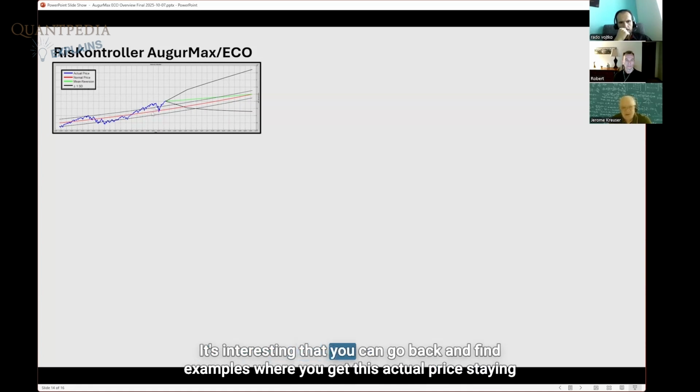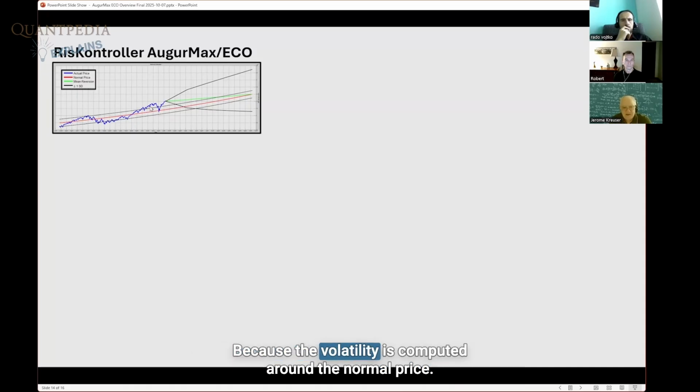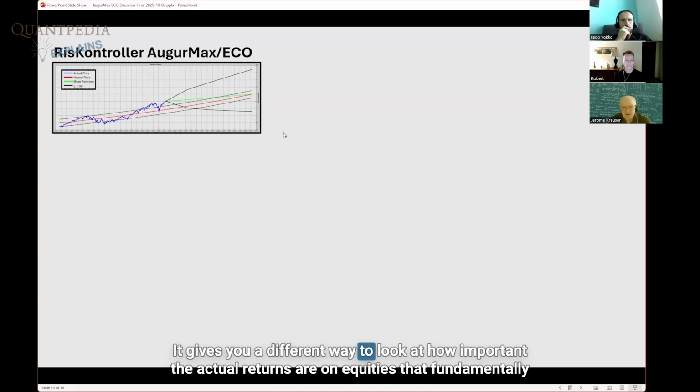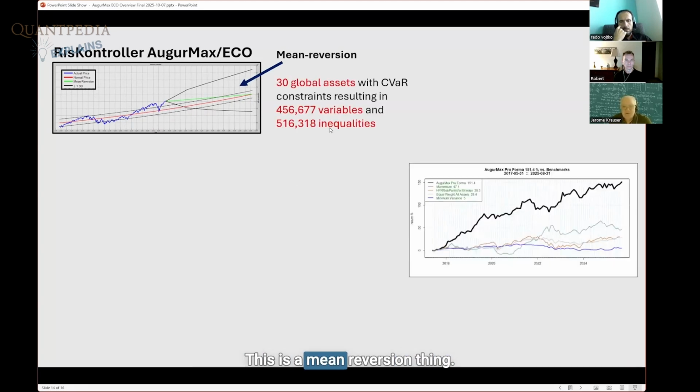It's interesting that you can go back and find examples where the actual price stays pretty much within the range, which gives an incredible estimate of the return and the volatility, because the volatility is computed around the normal price. It gives you a different way to look at how important the actual returns are on equities that fundamentally obey this condition over a long period of time. This is a mean reversion thing.